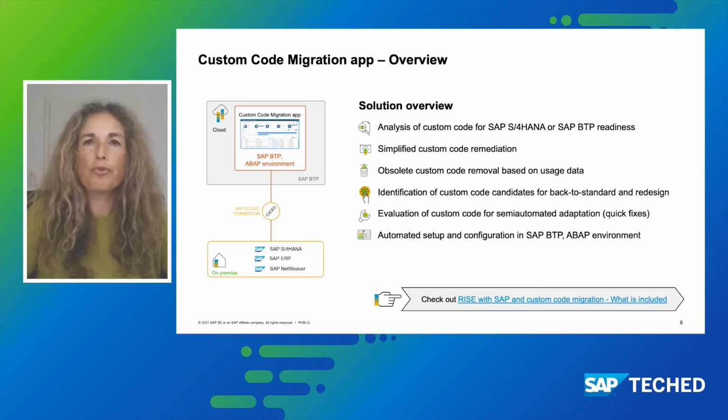And also the app can evaluate which custom code parts can be adapted in a semi-automated way using the quick fixes in ABAP development tools in Eclipse. The dedicated workflow provided on the SAP Business Technology Platform supports automated setup and configuration of the custom code migration app in SAP BTP ABAP environment.